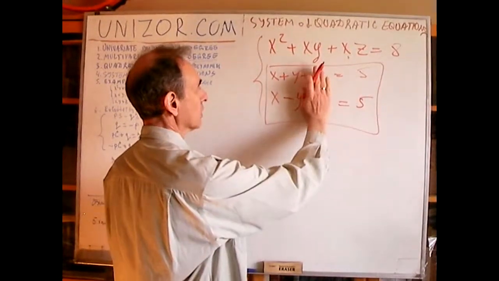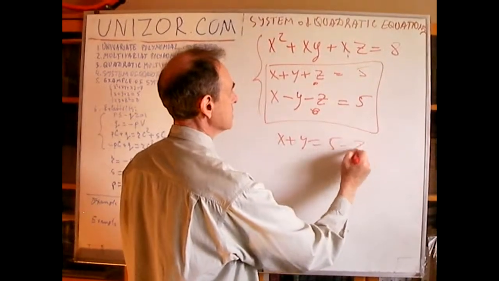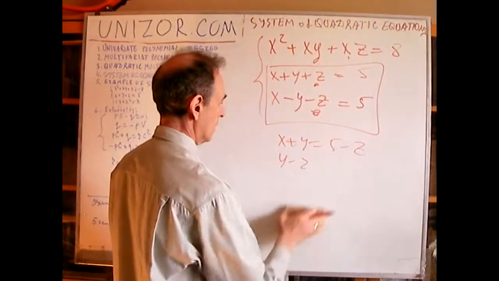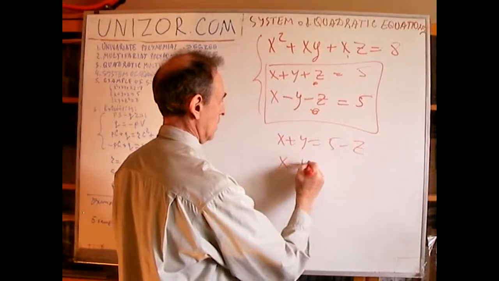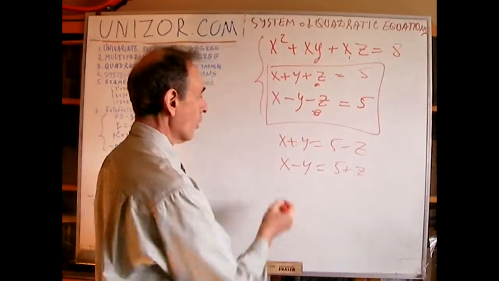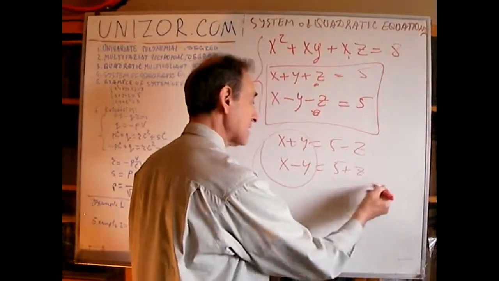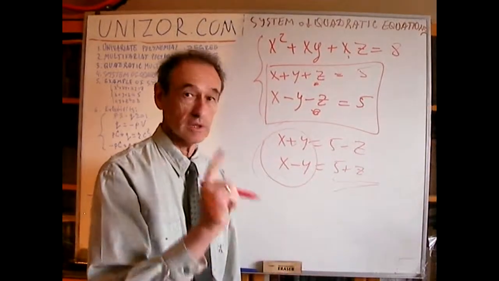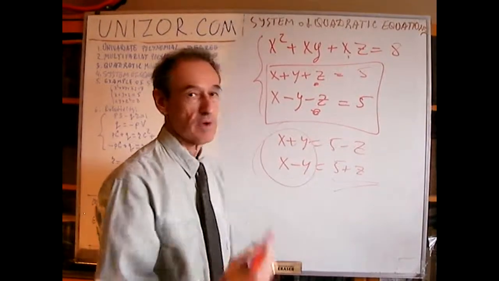Then basically you can consider this as a system x plus y equals 5 minus z, right? This is the first one. And x minus y equals 5 plus z. Now, if z is known, you can solve this system of 2 variables, but it will be obviously in terms of z. So x will be some kind of a linear function, linear, that's important, of z, and y should be a linear function of z.